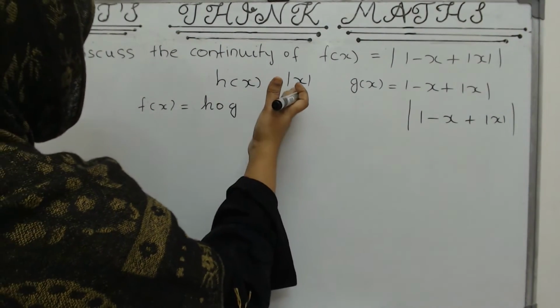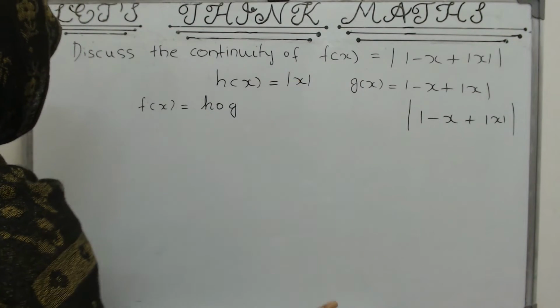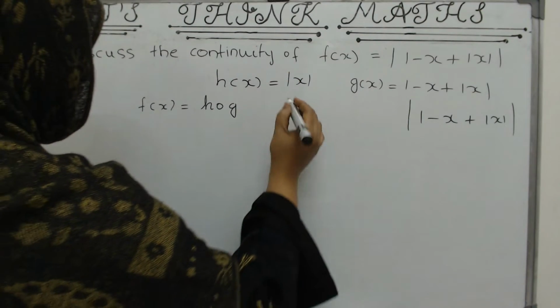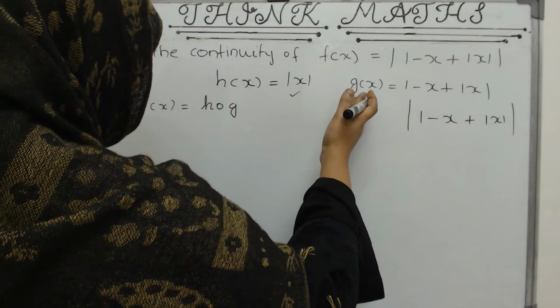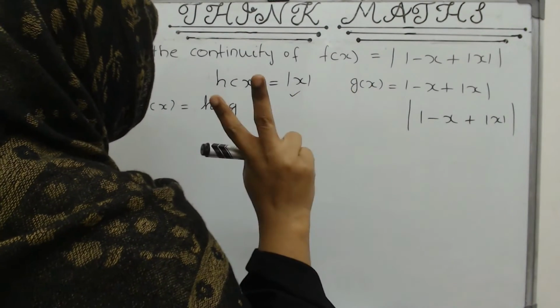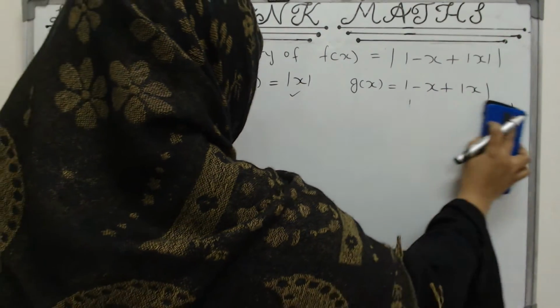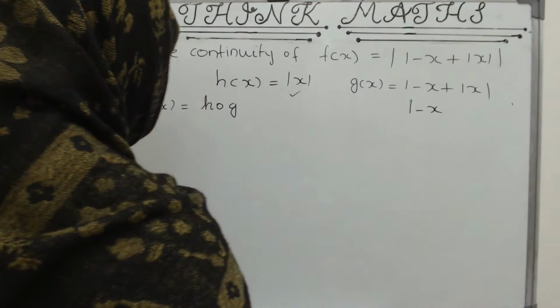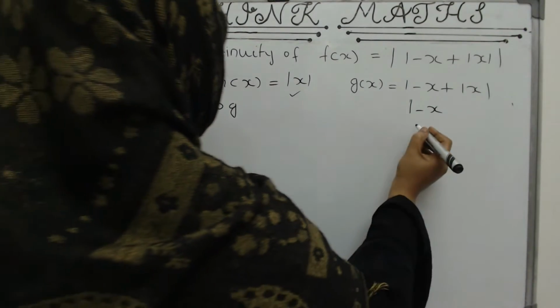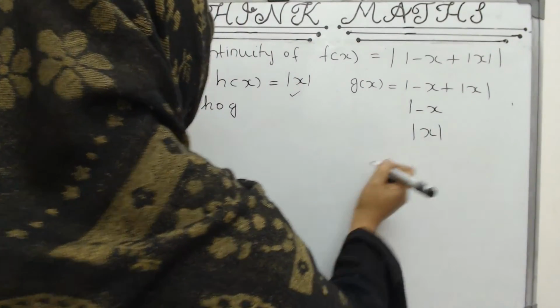But what do you see about h? It is a modulus function. Modulus functions are continuous. So h is continuous. What do you see about gx? It is the sum of two functions. What are those functions? One is 1 minus x, which is a polynomial. So it is continuous. The other is modulus of x.